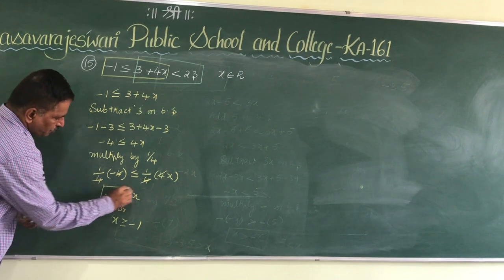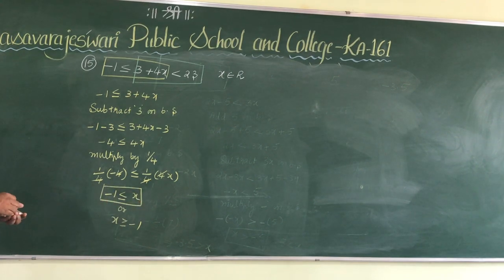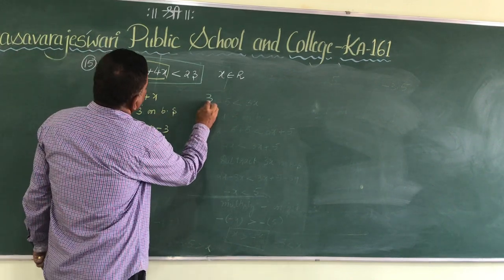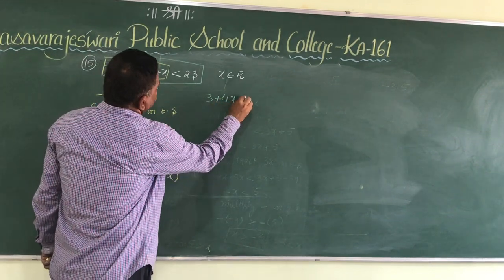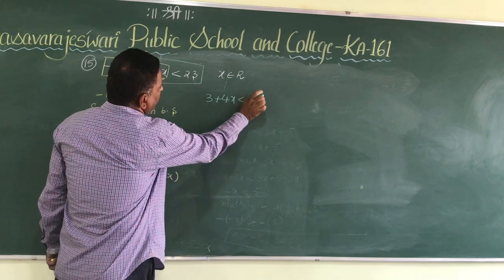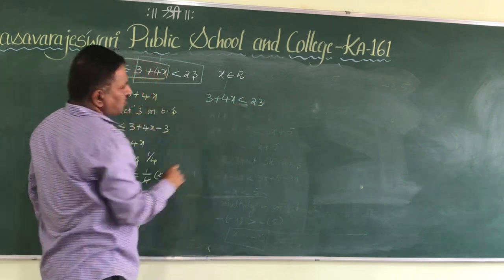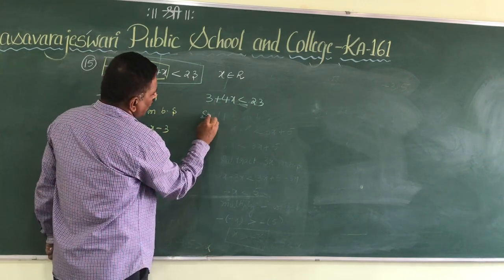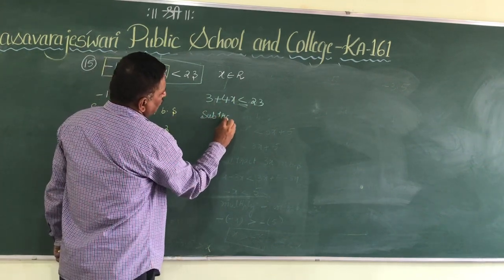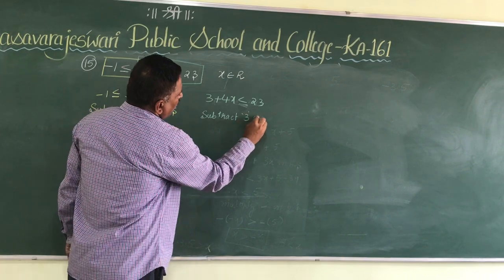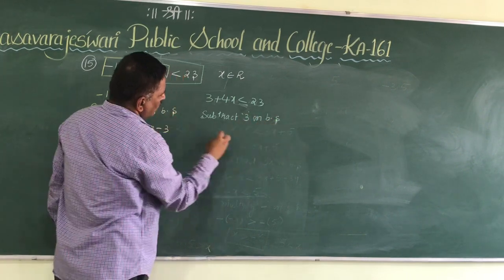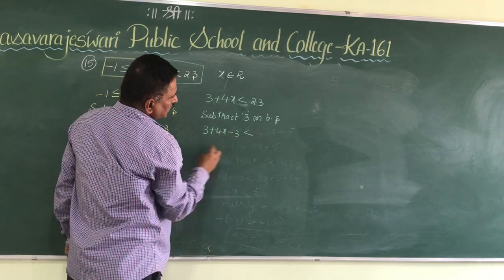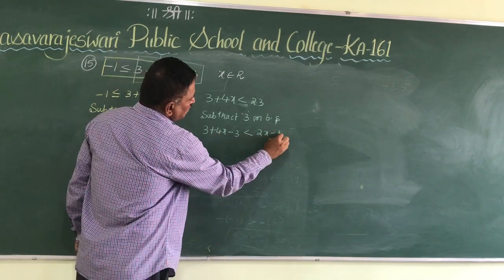Next, the other part, that is 3 plus 4x is less than 23. So write the variable on one side, constant on the other side. This plus 3, I have to subtract 3 on both sides. So 3 plus 4x minus 3 is less than 23 minus 3.